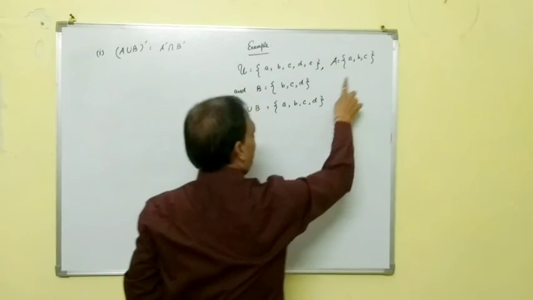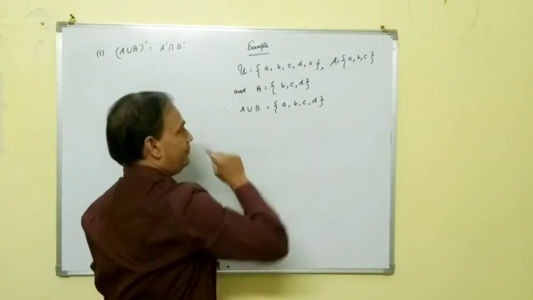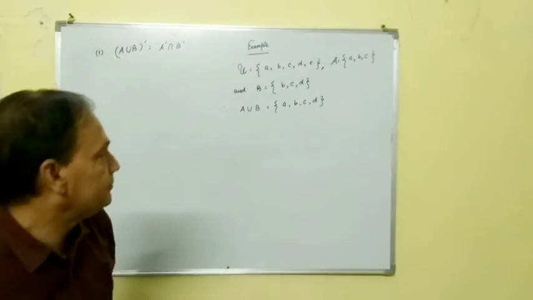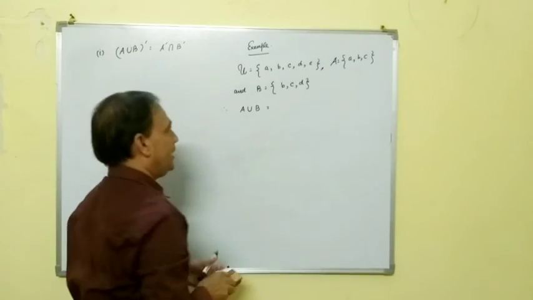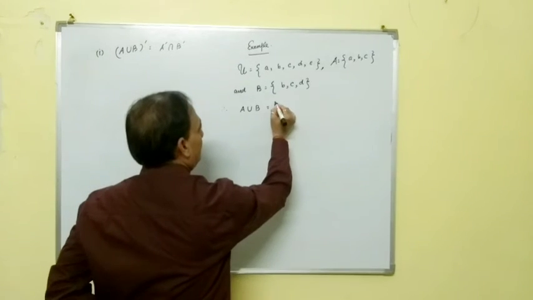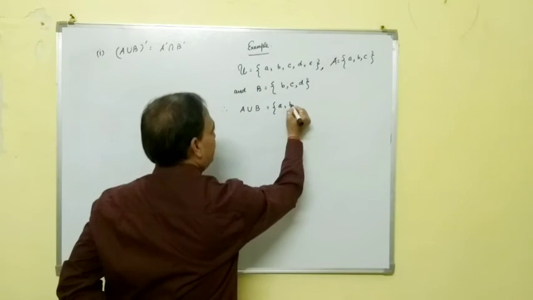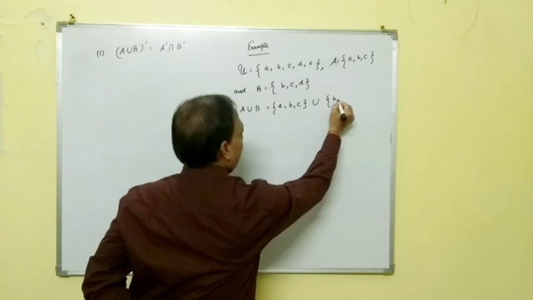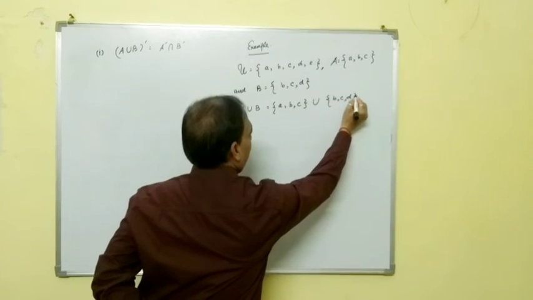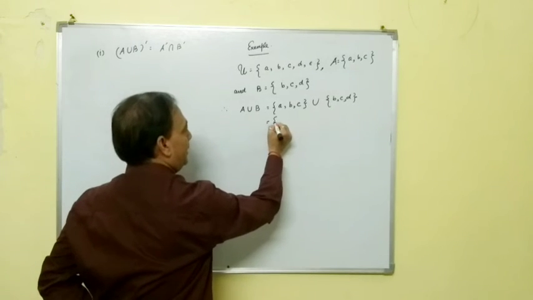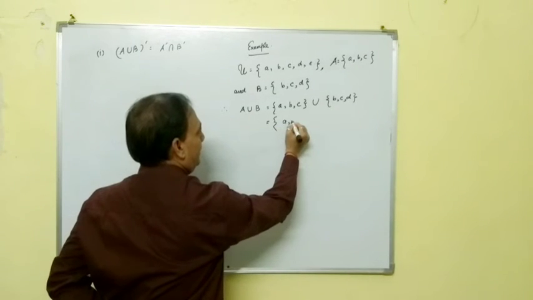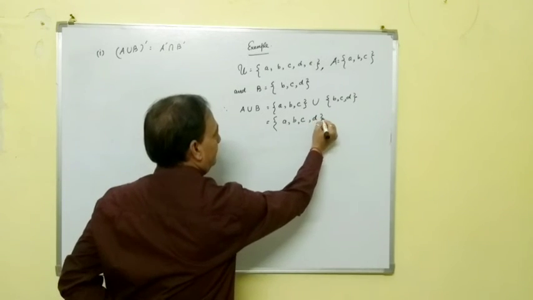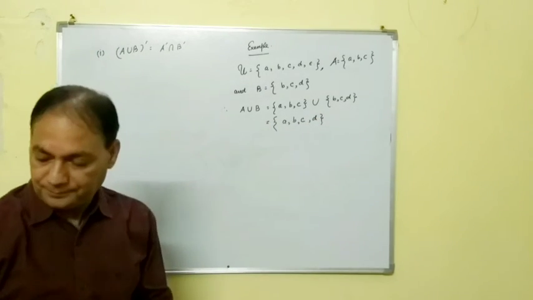A, B, C from here and B, C, D from here. You have A, B, C and D. This is A union B.